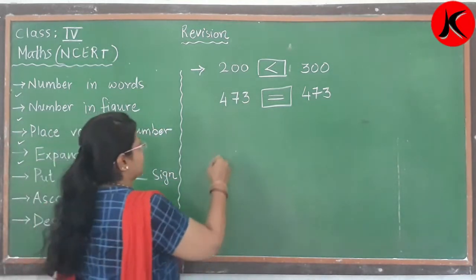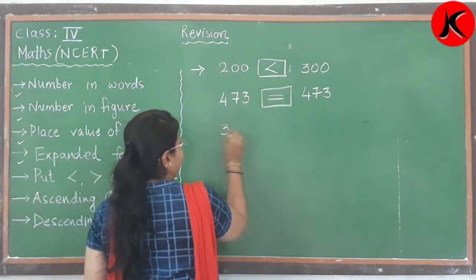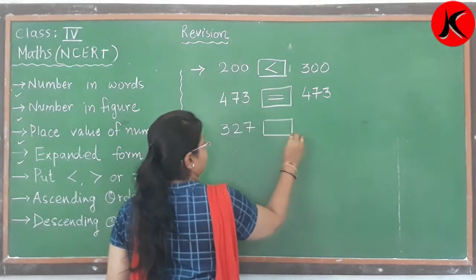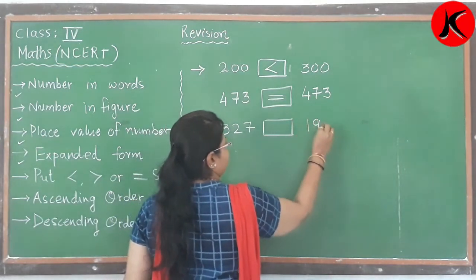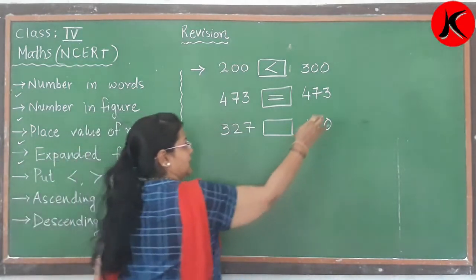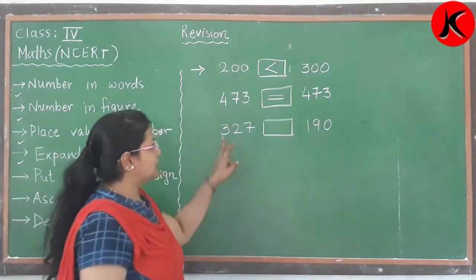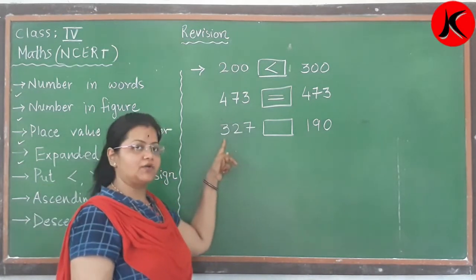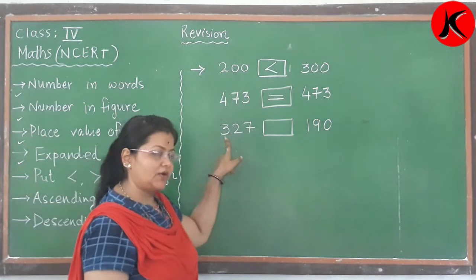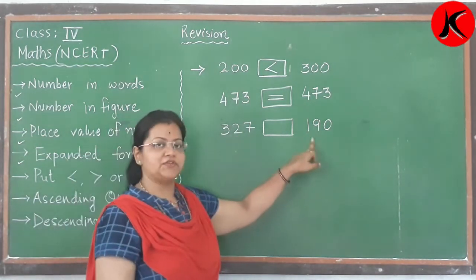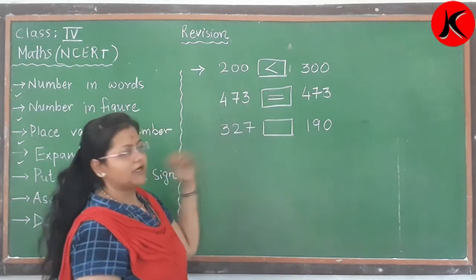One more example: 327 and here 190. Now see, it is very easy to compare. Here 327. First of all, we have to see the hundreds place value. So 300 and this one is 100. Which one is the bigger number? 300.